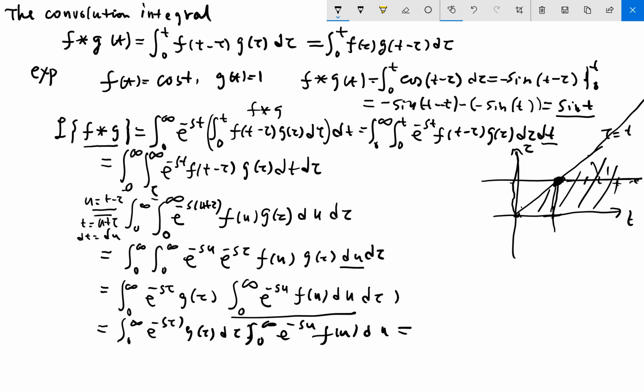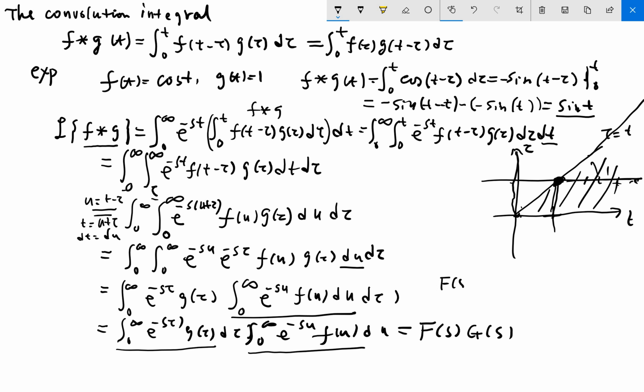That's exactly, this is the definition of the Laplace transform of small f(t), which we call capital F(s). And this one gives you the Laplace transform of small g(t), which we normally call capital G(s).